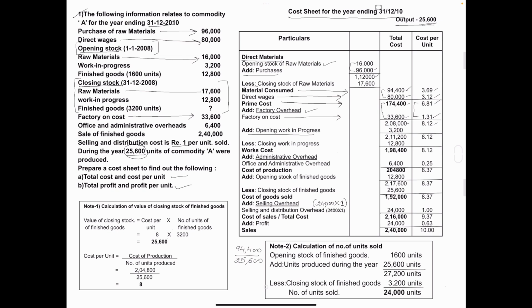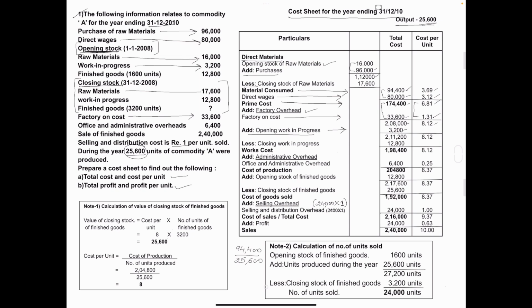So add opening work in progress. In this problem they have given the opening balance. Opening work in progress amount is 3,200. We'll just write it in the total column and not the per unit column.